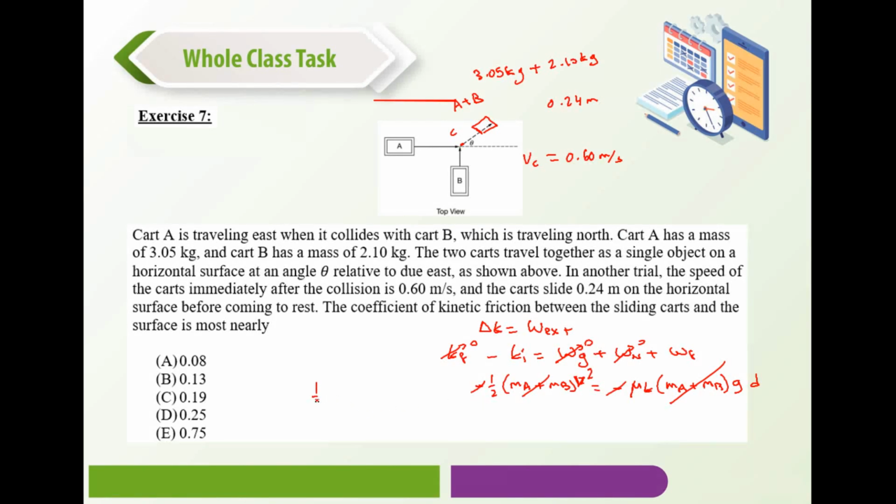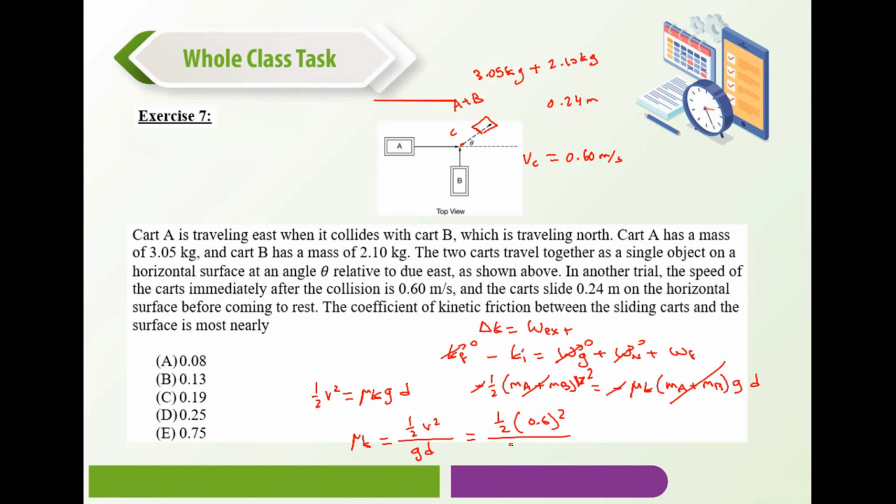Then half v square is given by mu k g multiplied by d, and we're interested in finding mu k. Mu k would be half v square divided by gd, which is half, and the value of v is given by 0.6 to the power of 2.